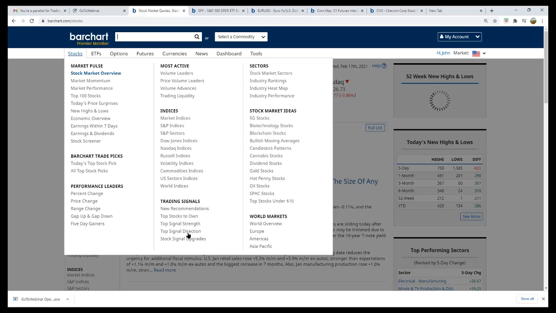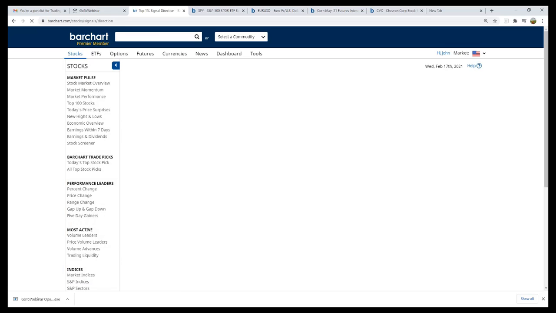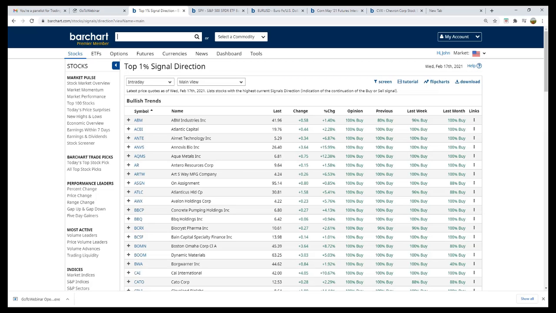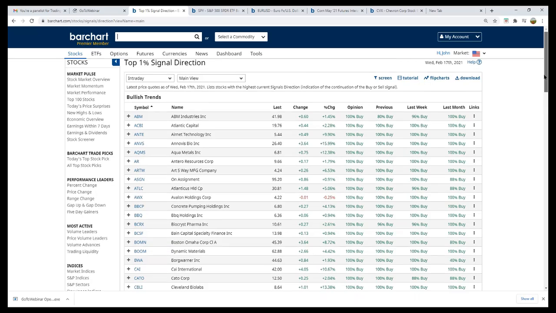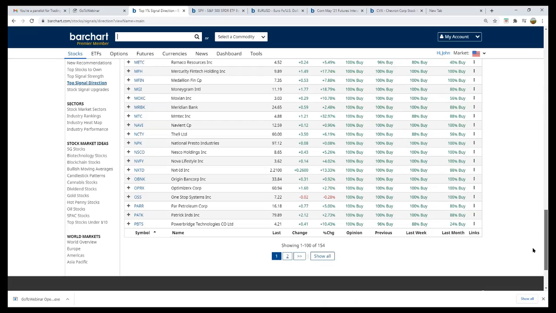Okay, now this is going to show us the top 1% of stocks that have very strong momentum in the last 3 days. So all of them 100%. Now, how many are there today? Well, let's find out. There were 154 total.